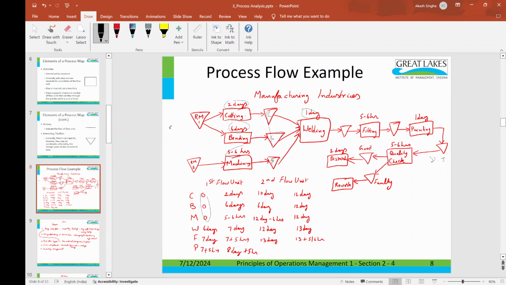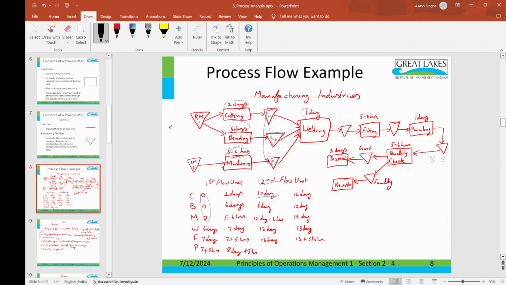So the second unit will start from the sixth day only, and it will complete here on the 12th day. We have to plan accordingly so that the cutting also is present here on the 12th day. For that, it should start on the 10th day. Similarly, this one should also be present on the 12th day, so we should start producing it at 12 minus 0.5, so the 11.5 day.